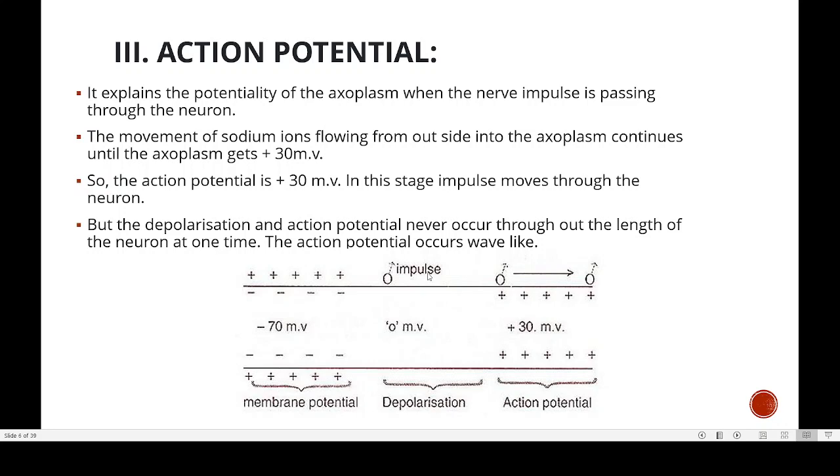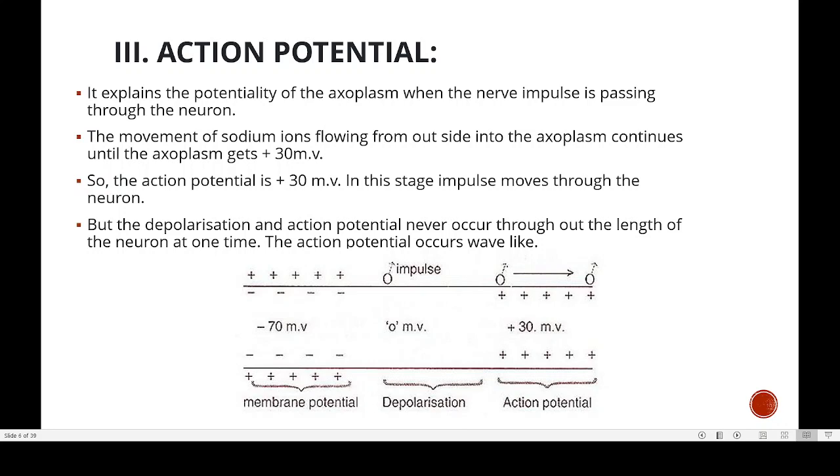Now an impulse is taking place here, and because of that impulse, 70 positively charged sodium ions will be moving from outside into the cytoplasm or into the exoplasm. So here there is an overall minus 70 millivolt of negative charge. When 70 positively charged ions are entering, this minus 70 and plus 70 will cancel each other, producing an overall charge of 0 millivolt. And that situation is what we mean by depolarization.